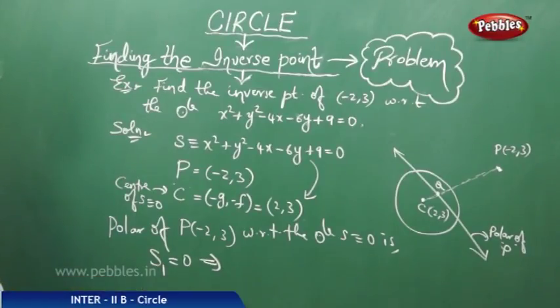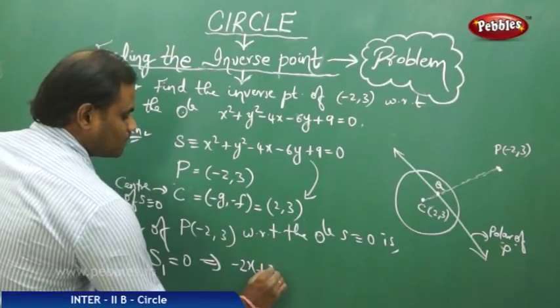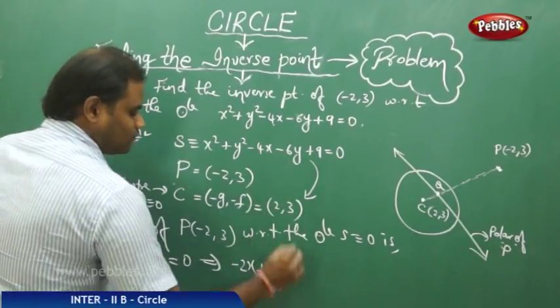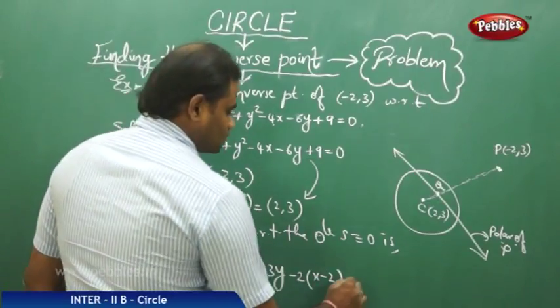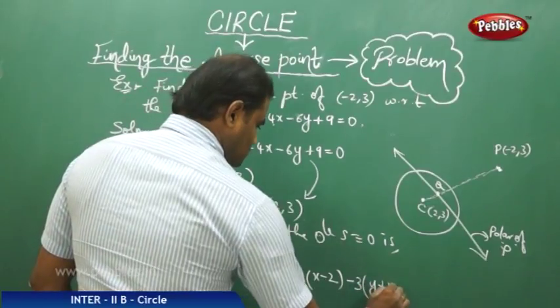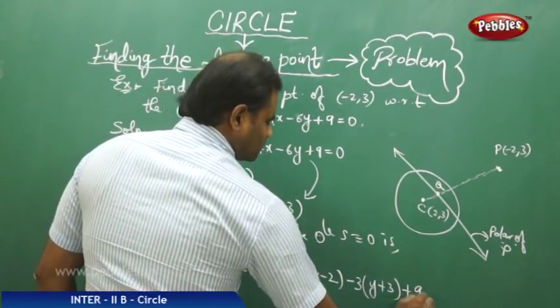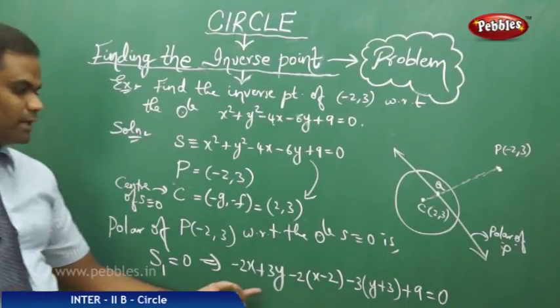So S1 equal to 0 implies x x1 plus y y1, half of this, which is minus 2 of x plus x1, half of this, minus 3 of y plus y1, plus 9 equal to 0 is what we get.